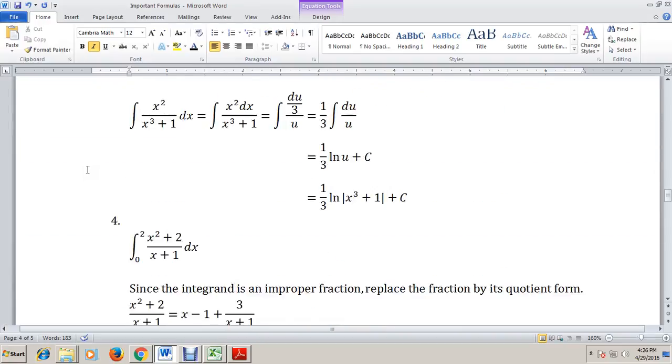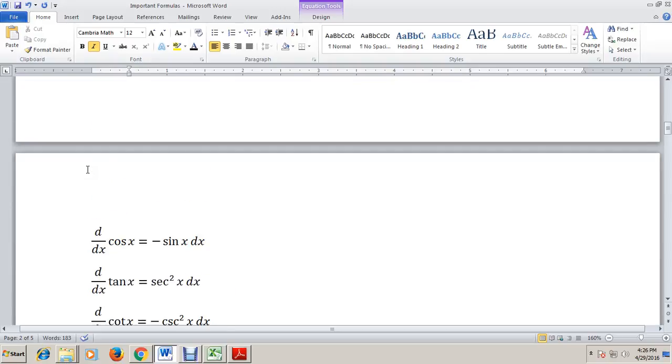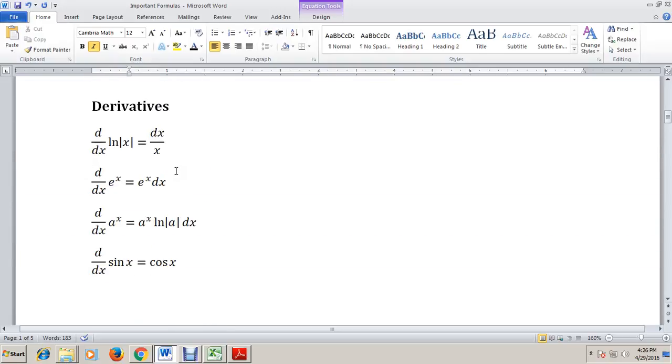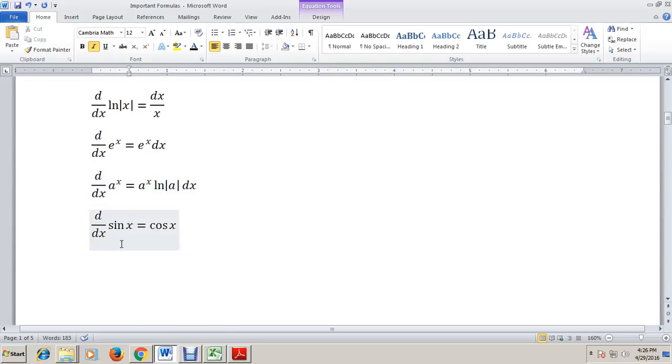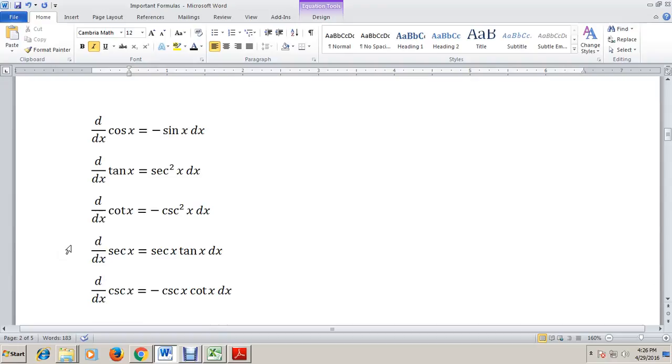sine is negative cosine. In this document, I also summarized the corresponding formulas for those derivatives that are needed. The derivative of sine is cosine, the derivative of cosine is negative sine. Also, from your differential calculus notes, you should be able to get the derivatives for the other four trigonometric functions.